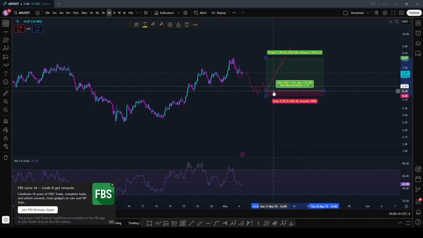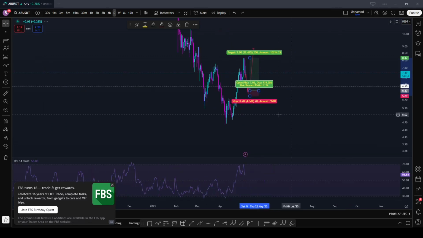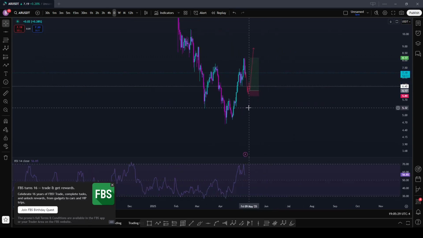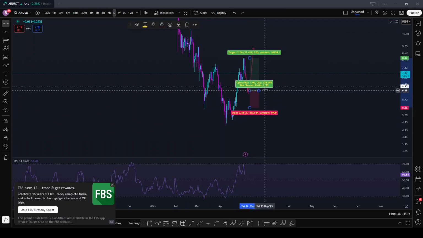If you are risking $50 here, then when price gets to this zone already, you'll probably be having $350. And you can see that is better as opposed to waiting on the daily, where you'll have to put your stop loss below these lows here, right? And target these highs. You can see now your risk to reward has gone from 7 to 2.38. So I think that is very important to note.